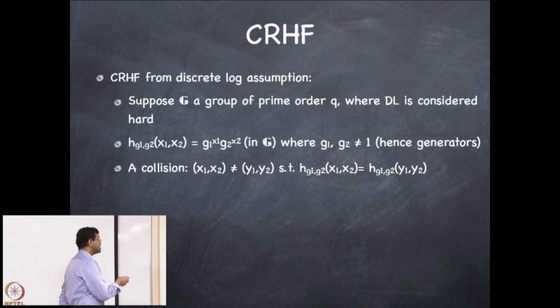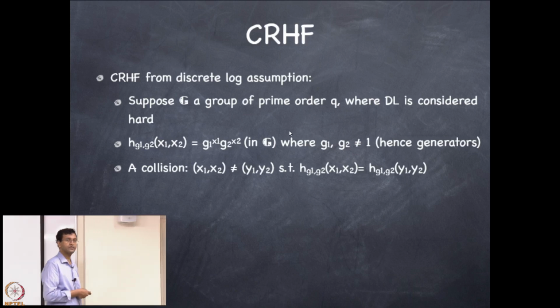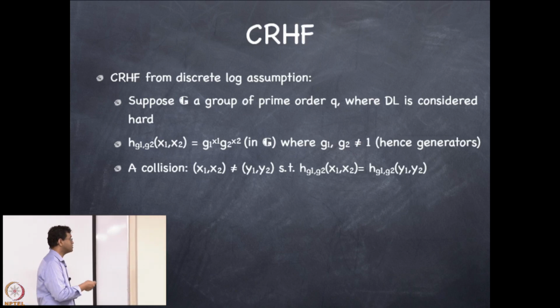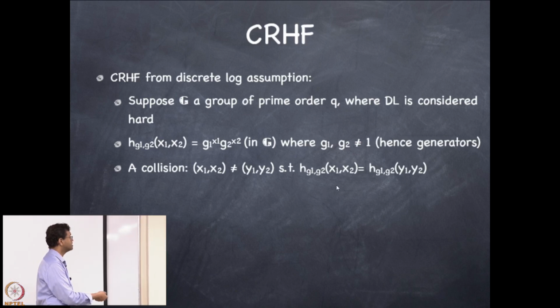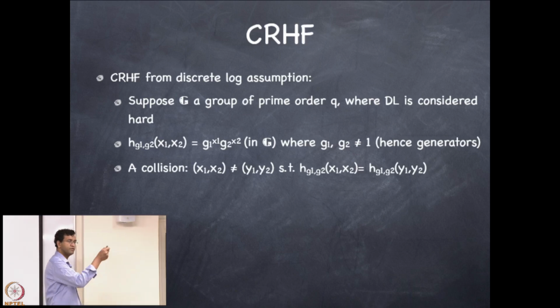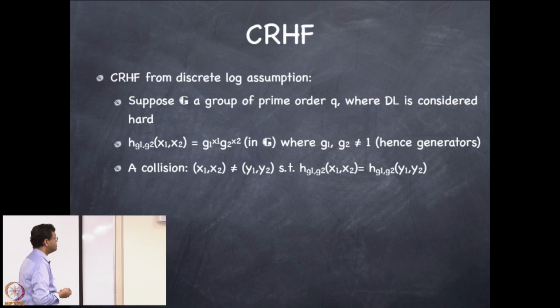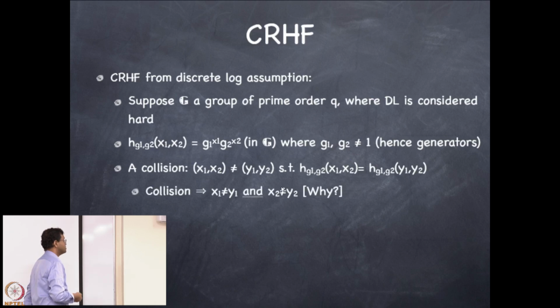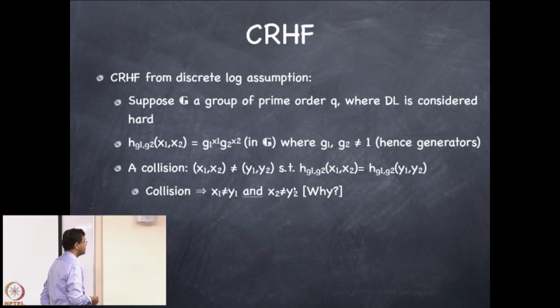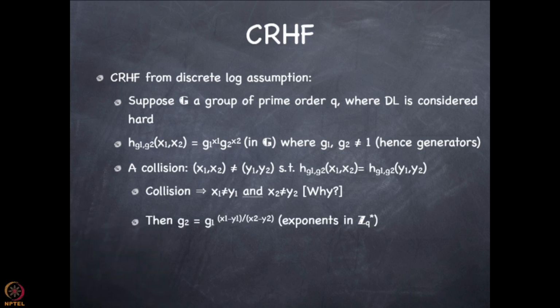Suppose x1 not equal to y1; then you also get that x2 not equal to y2. Why? Because if x2 were equal to y2 and this holds, then g1 to the power x1 would have to be equal to g1 to the power y1. In a group you can do cancellation. So you have that x1 is not equal to y1 and x2 is not equal to y2.